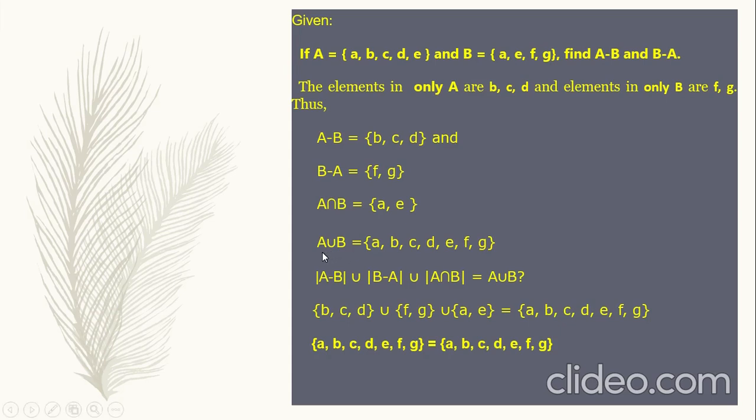Okay. So, A union B is just equal to A, B, C, D, E, F, and G. Okay. So, we have observed that we just copied elements, or we just combined elements of A and B for their union.